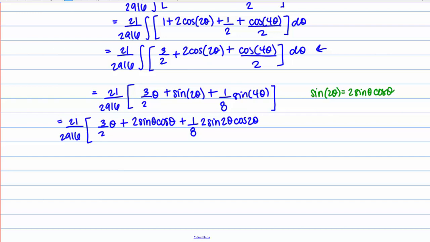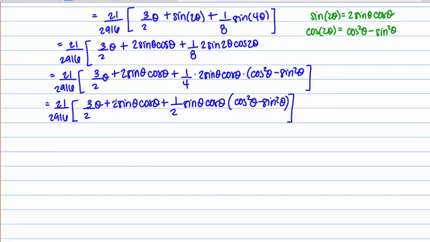And it looks like I'll also need a power or a double angle formula for cosine. So cosine of 2 theta equals cosine squared of theta minus sine squared of theta. So now I have everything in terms of theta, sine of theta, and cosine of theta.